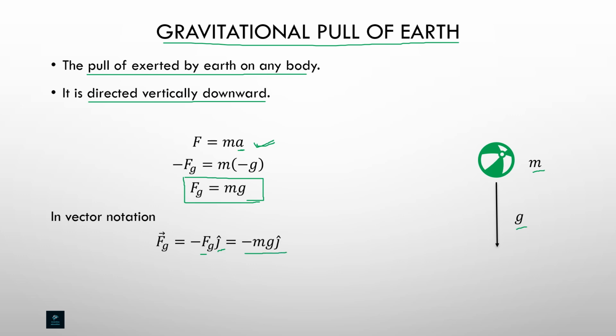Now minus g times j hat is the vector g, therefore vector Fg is equal to m times vector g. So in the vector notation, we can write gravitational pull as vector Fg equal to m times vector g.